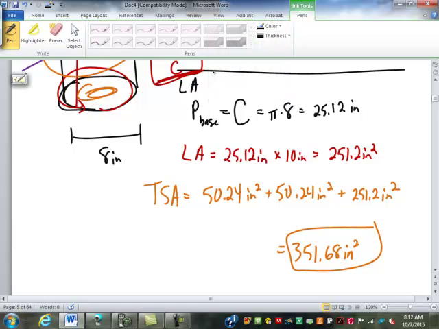See how easy that is? So our cylinders don't require any sort of special formula. It's the exact same process. Perimeter of the base. The difference is the perimeter of the base is the circumference.